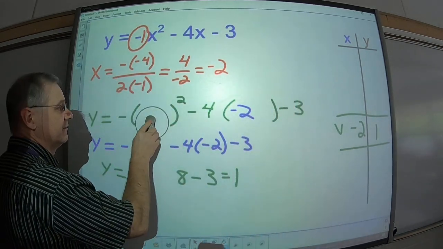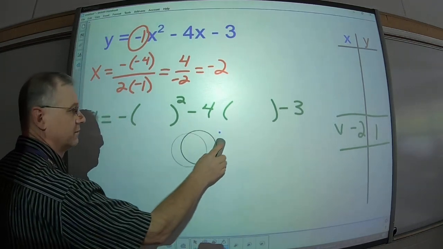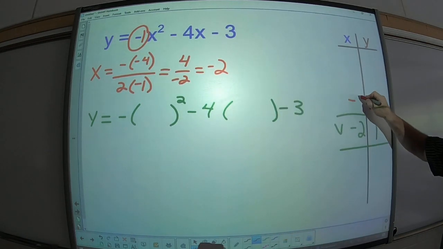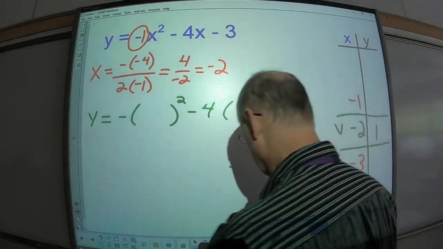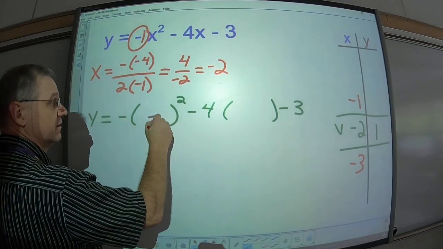All right, now let's go above and below. For example, negative 2, negative 1, negative 3. Let's try those. Negative 1.